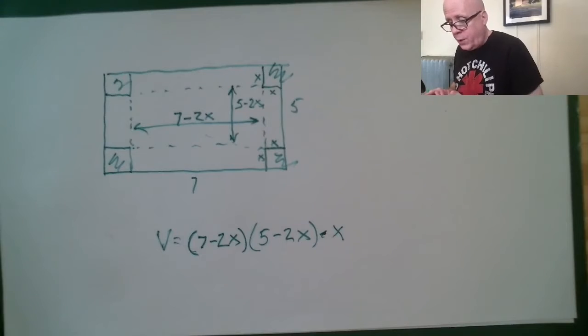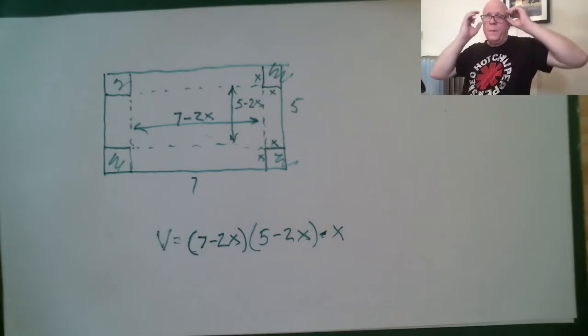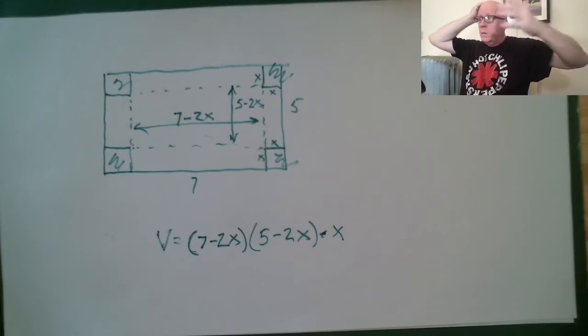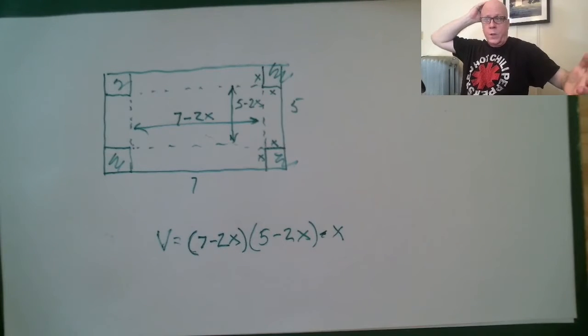You've got an expression for the volume as a function of the size of the notch. And that's going to allow you to differentiate, figure out where you've got a horizontal tangent.